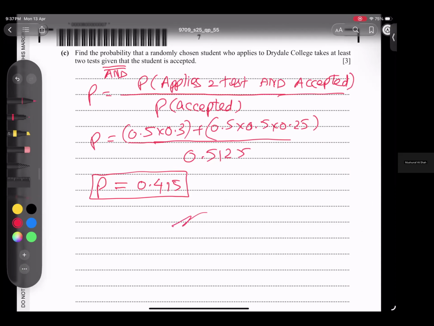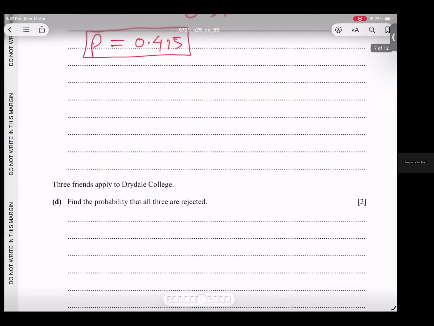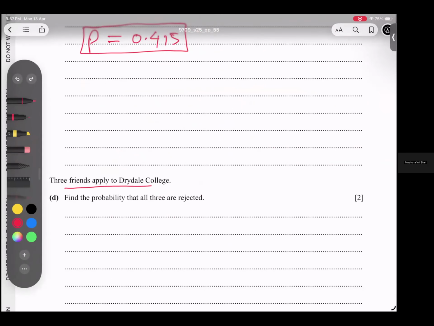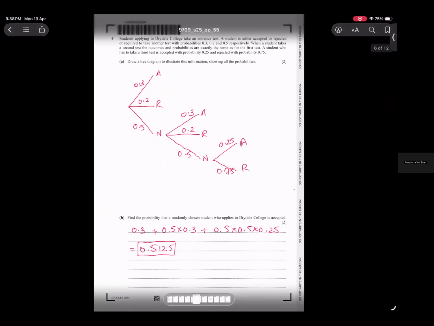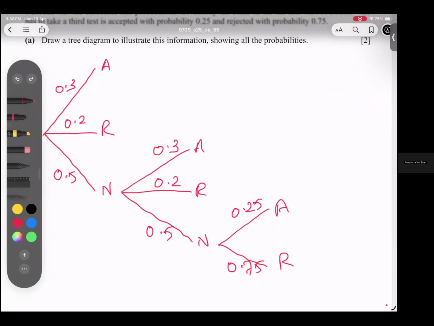Last part of the question, we have the same page available. So next part, students: 3 friends apply to the college. Find the probability all 3 are rejected. So we have to go back to the previous page. How can we do this kind of question?